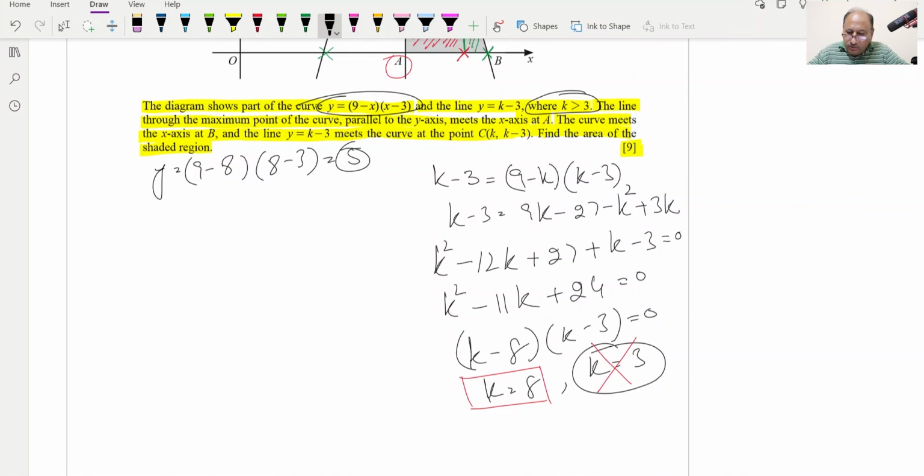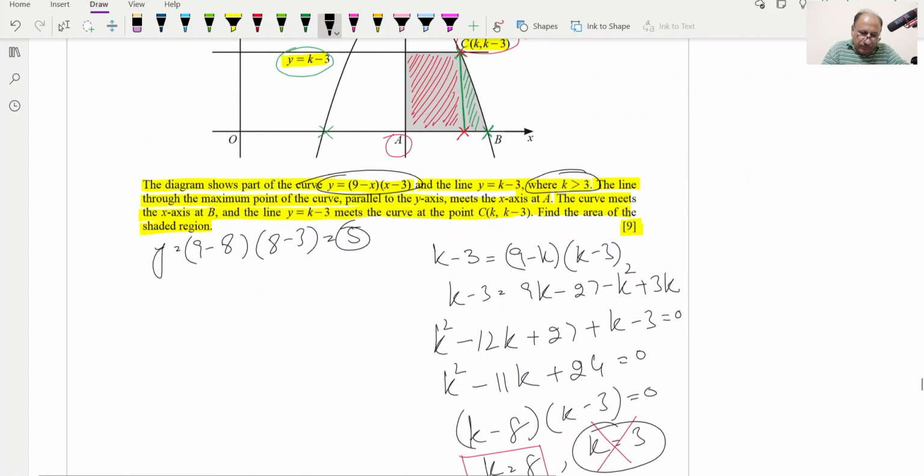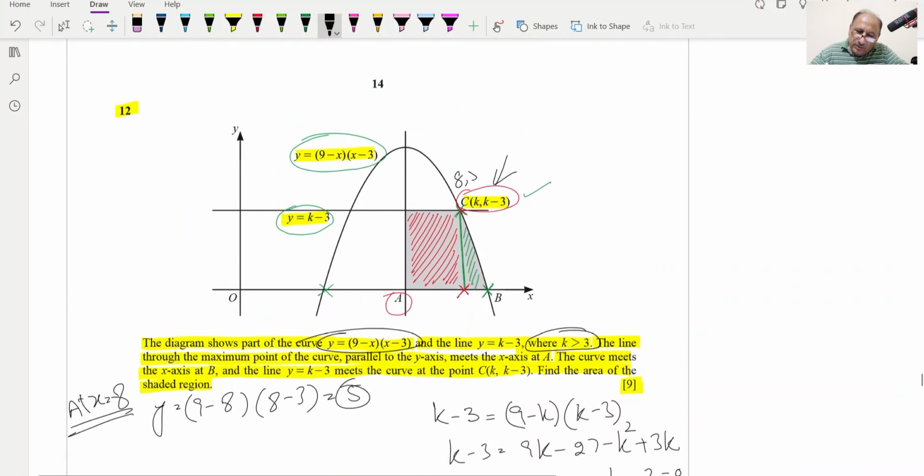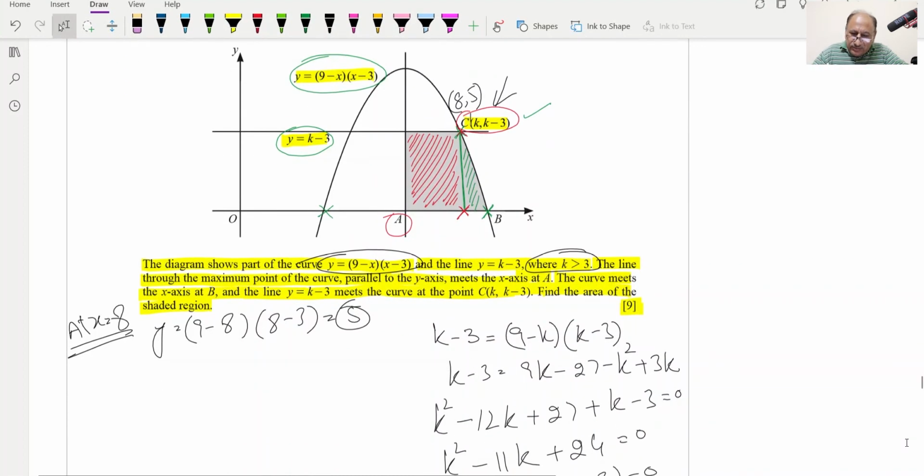So we got the y coordinate as 5. At x is equal to 8, y will be equal to 5, so our coordinates will be 8 and 5. So this point will be having coordinates 8 and 0.